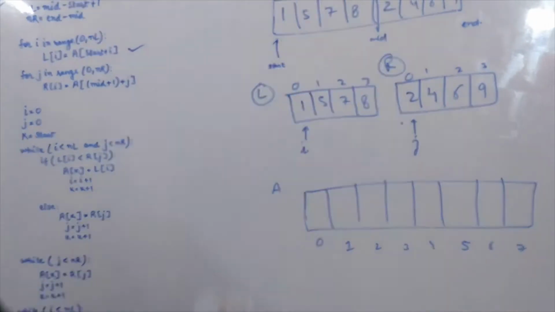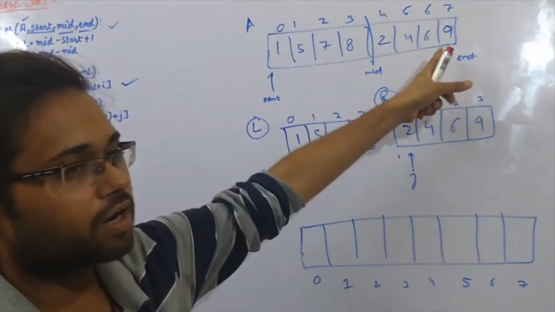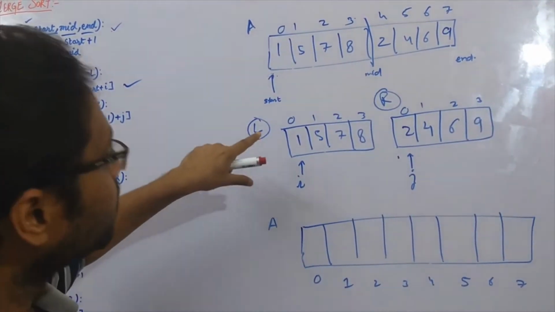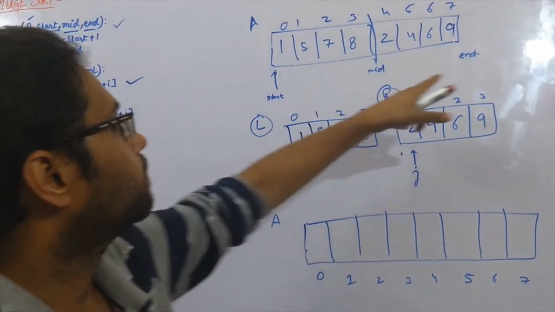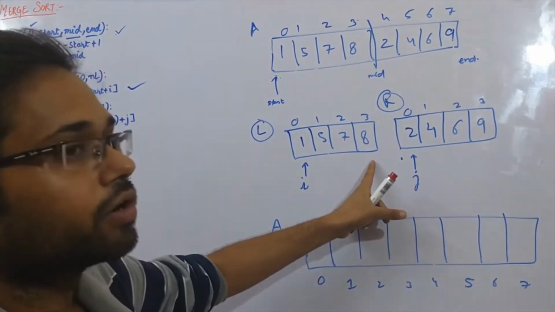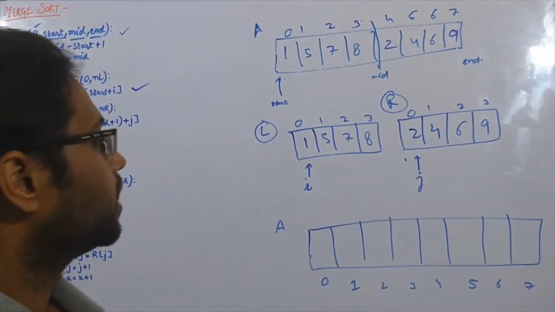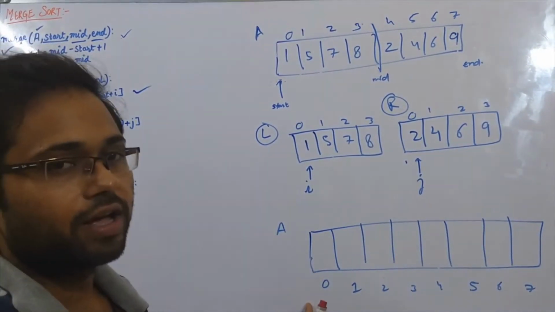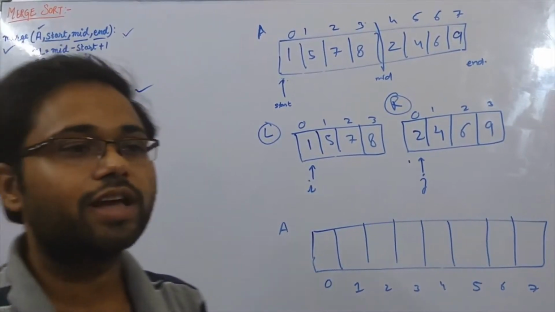So what we have done, we have two parts. The first part is already sorted, the second part is already sorted. We have only created two arrays and copied the elements from start to mid in one array and from mid to end in the second array. As 1578 is already sorted, please keep in mind 2469 is already sorted, so that is fine. And this is the same array that we have already. Now we are just putting the elements by comparing them.